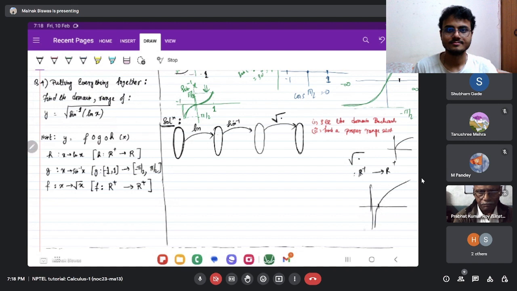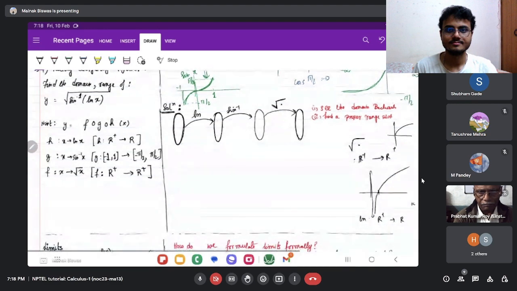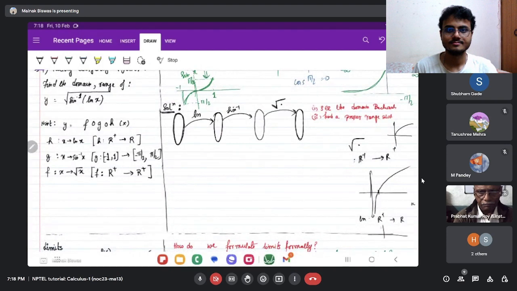It's defined from r plus to r, that is between 0 to infinity. For negative values, log does not make any sense. It's the inverse of the exponential function, right? So this is the exponential e to the power x function. You take the inverse of that, so you get log x. So it's also about the y equal to x line. Anyways, what would be the domain and what would be the range?